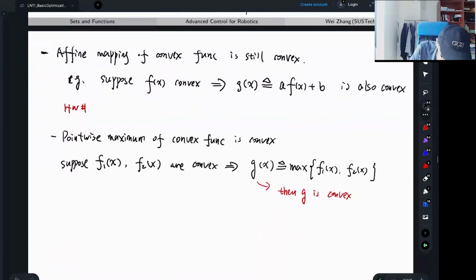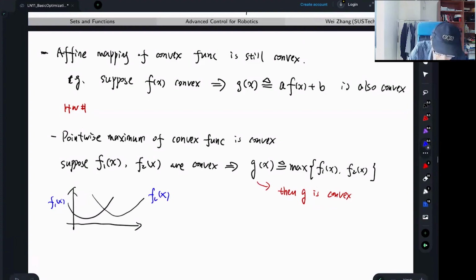But graphically, let's draw a figure. This is my f1 of x. I may have another one, which is f2 of x. Both of these, based on the figure I draw, are convex.